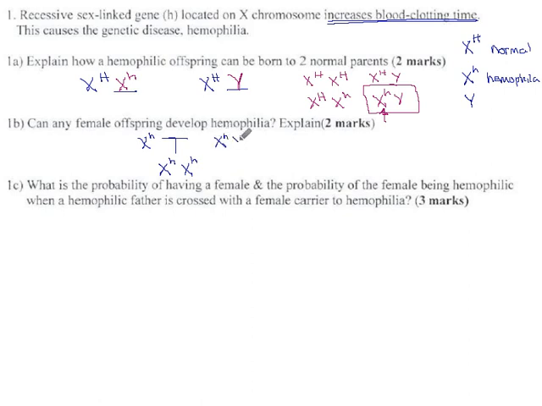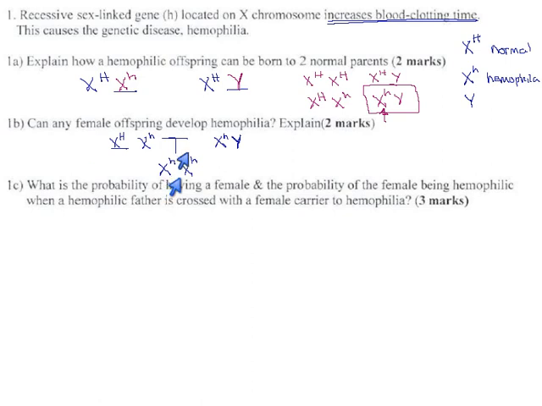Dad must have a Y chromosome, or he wouldn't be male. And mom, well, this could be anything. We know that mom passed on the X little h. This could be another X little h, but it wouldn't even have to be. She could just be a carrier. And then it would still be possible for mom to pass on her little h allele, dad passes on his, and now you have a daughter with hemophilia.